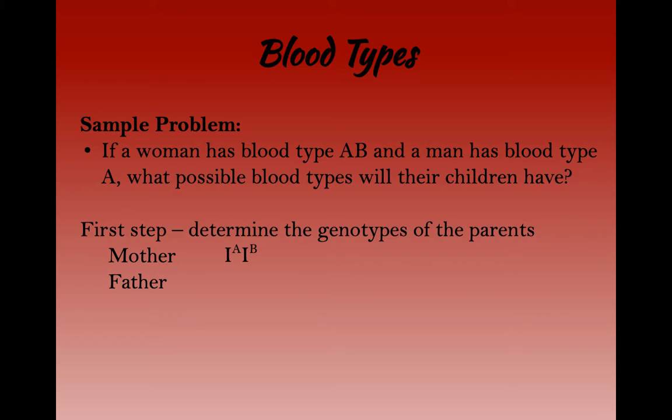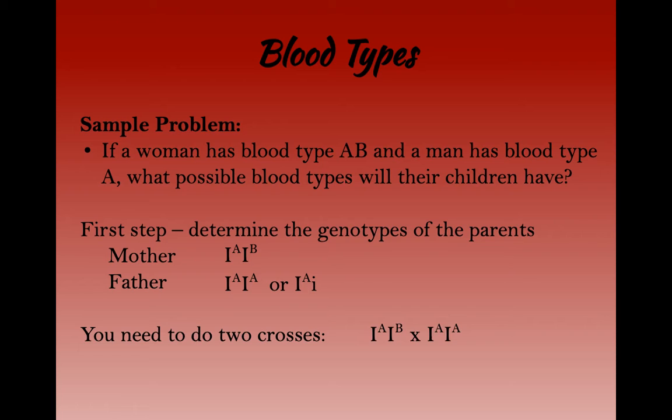The father with blood type A can either be homozygous or heterozygous, so IAIA or IA little i. In order to determine the possible blood types for their children, we're going to need to do two crosses. We cross the mother, the AB, with the homozygous father, and we cross the mother with the heterozygous father.